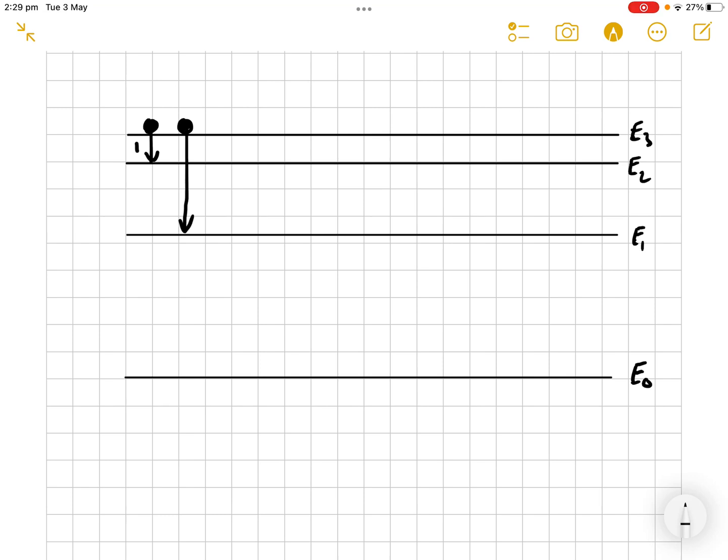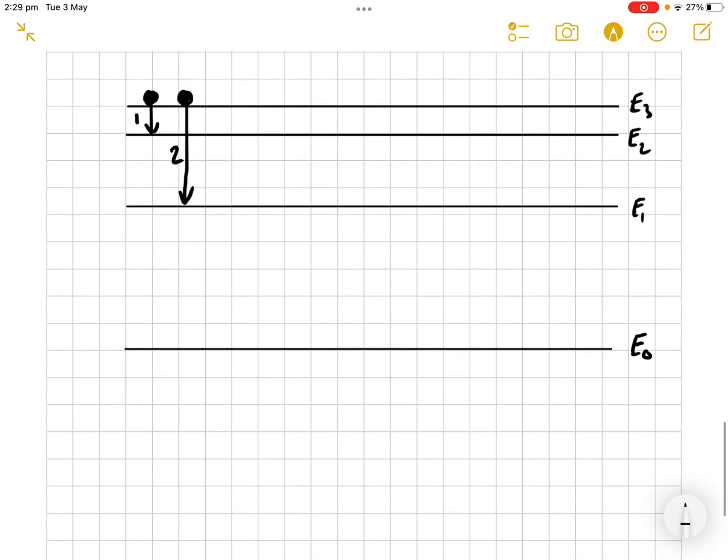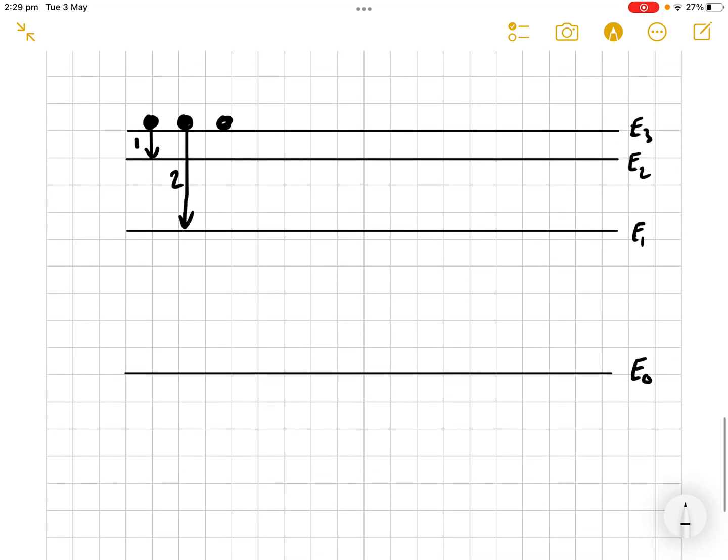But it could, in theory, fall down to that level. So that would be number 2. Or it could fall all the way down to the ground state, and that would be number 3. So those are all 3 possible downward transitions from level 3, the third excited state.